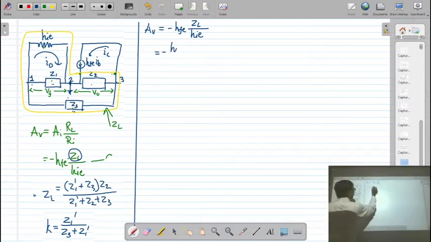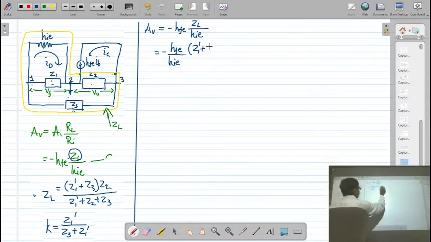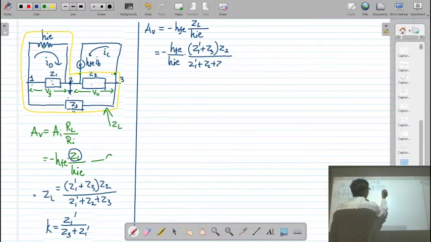So minus HFE upon HIE into, we can say it is Z1 dash plus Z3 into Z2 divided by Z1 dash plus Z2 plus Z3. So this is the voltage gain of the amplifier.